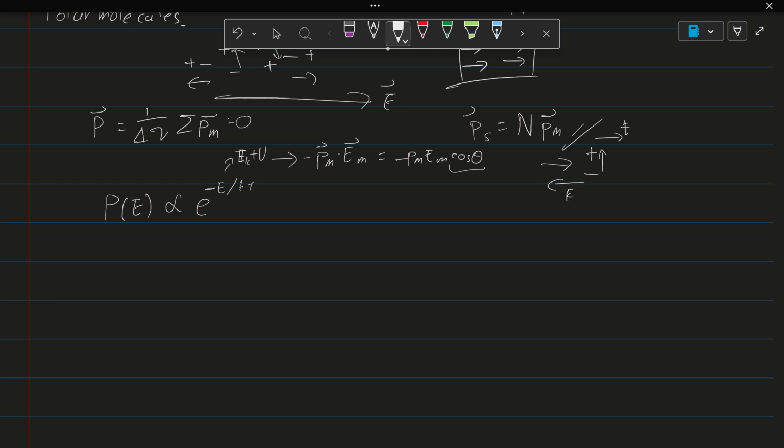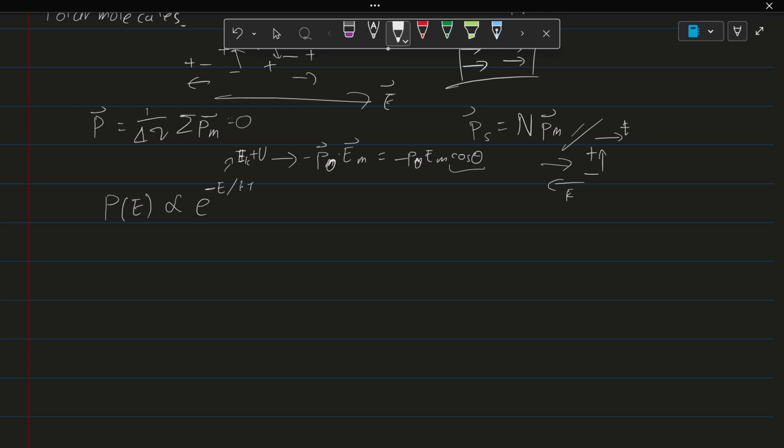This balance of force will cause this object not to change velocity depending on the electric field. Here we'll be discussing changing the electric field instead of changing the temperature, because we are only thinking of the change of the angles instead of changing the E vector and PM, because PM is dependent on EM, right? Sorry, actually this is not PM, this is P0, the initial polar dipole moment.